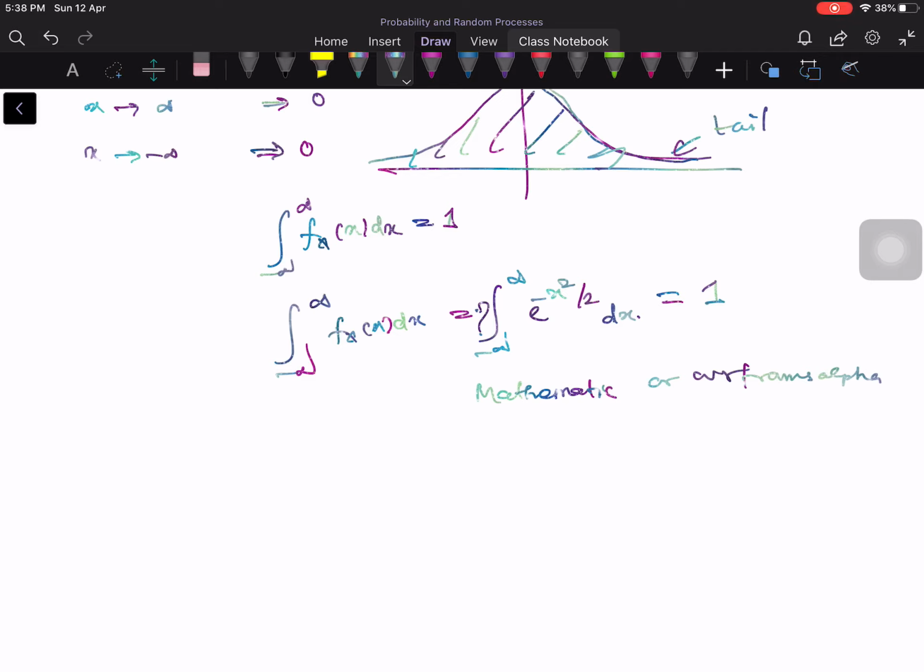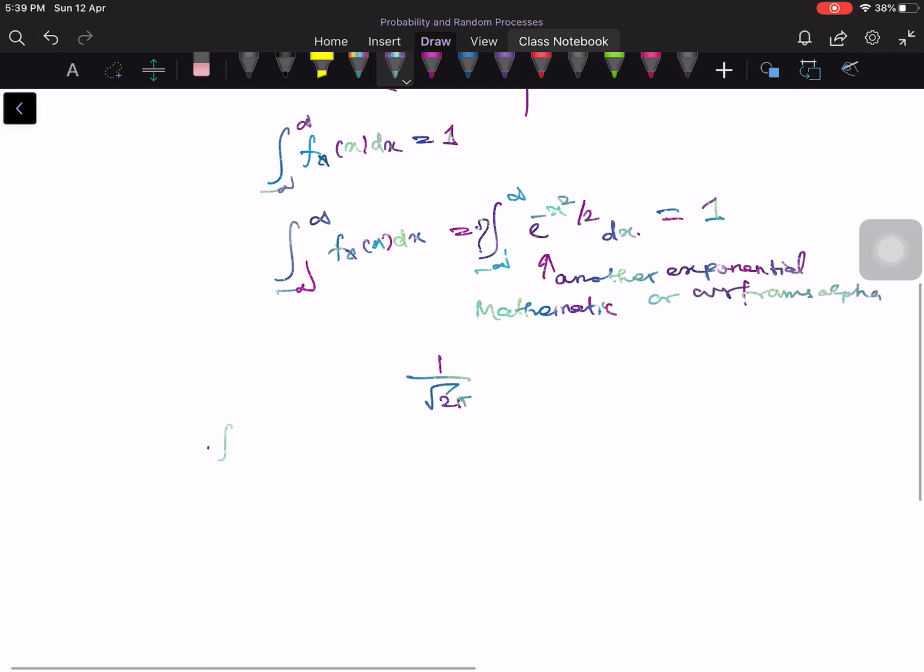You throw in another exponential of this kind, you bring in polar coordinates, and somehow the answer comes out beautifully. But in any case, this 1 over root 2 pi is a constant that you need to make it integrate to 1 and be a legitimate density; otherwise it cannot be a legitimate density.